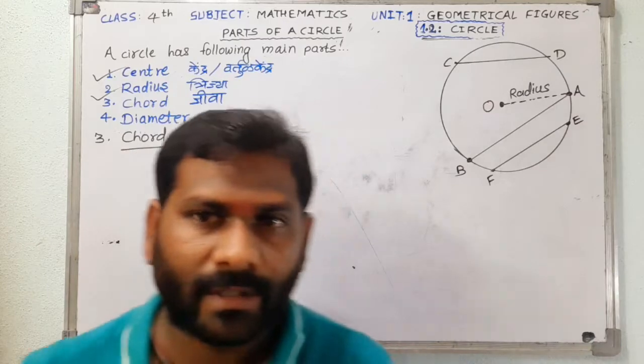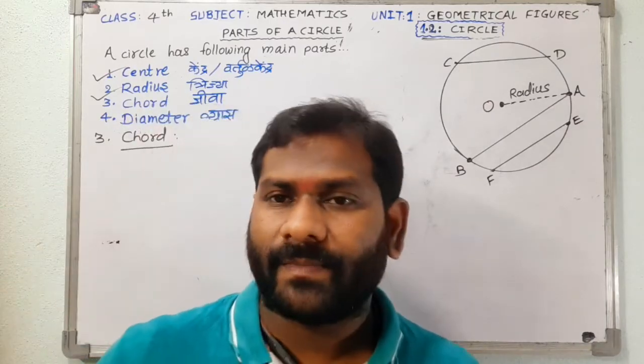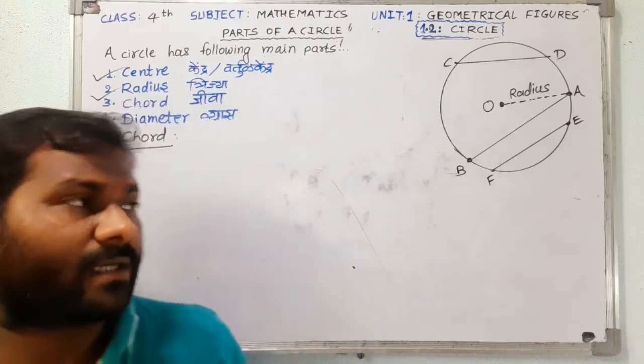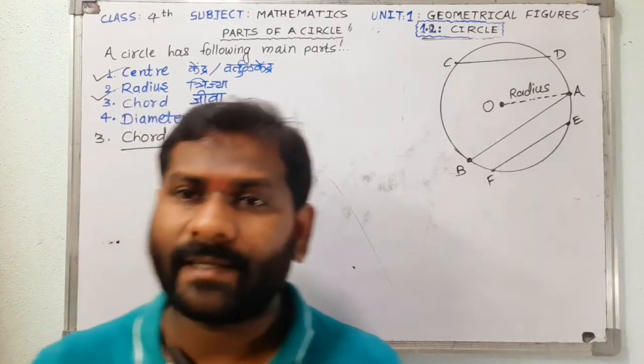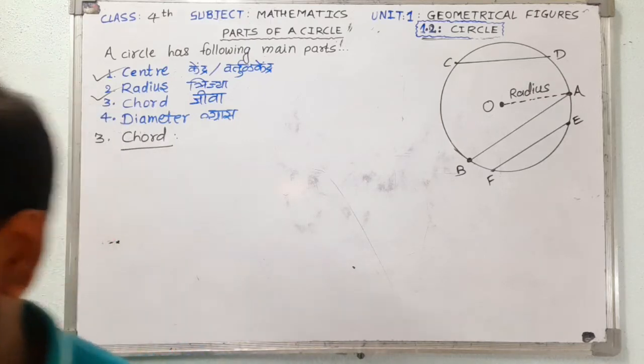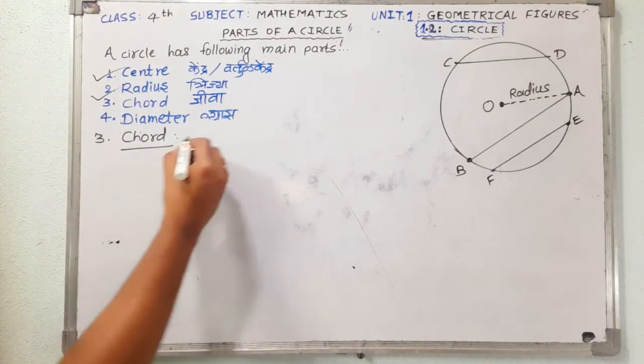Chord असं म्हणतो. Or it means when 2 points on a circle are connected to each other, then it is called as the chord. Or simply, what is the definition?